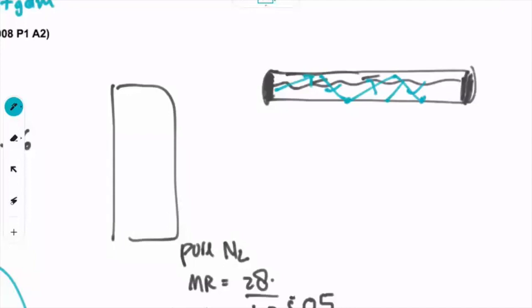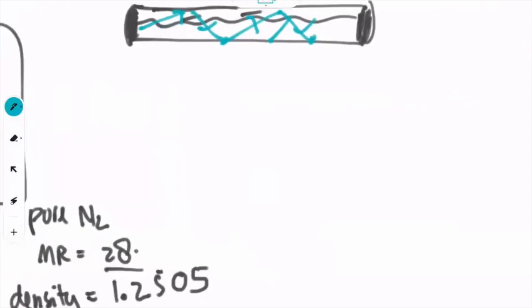Without the neon gas, it will react with oxygen or nitrogen. If you want to prevent reaction, you use nitrogen for the cheap one. You buy a packet of, what do you call it, crackers.